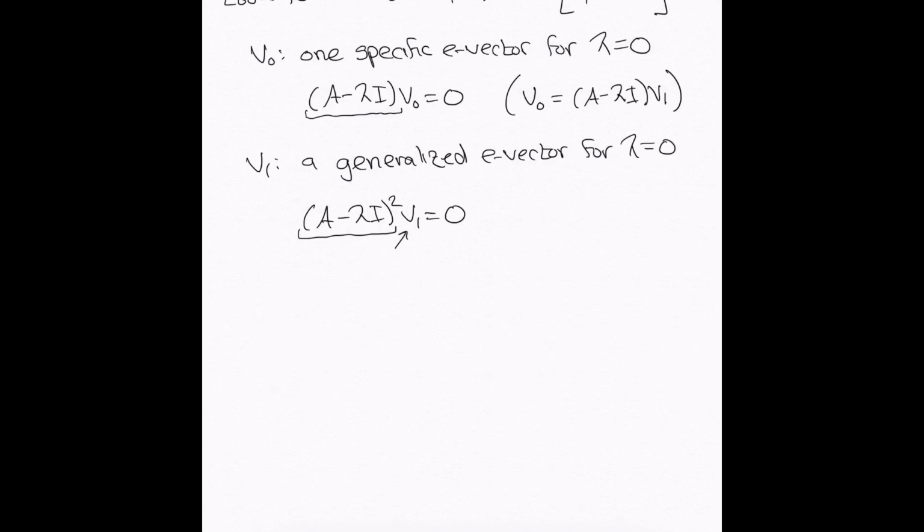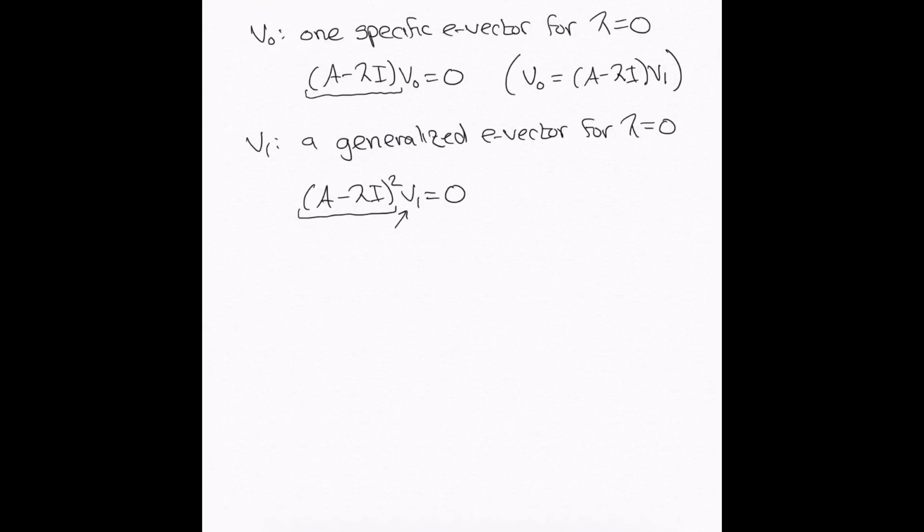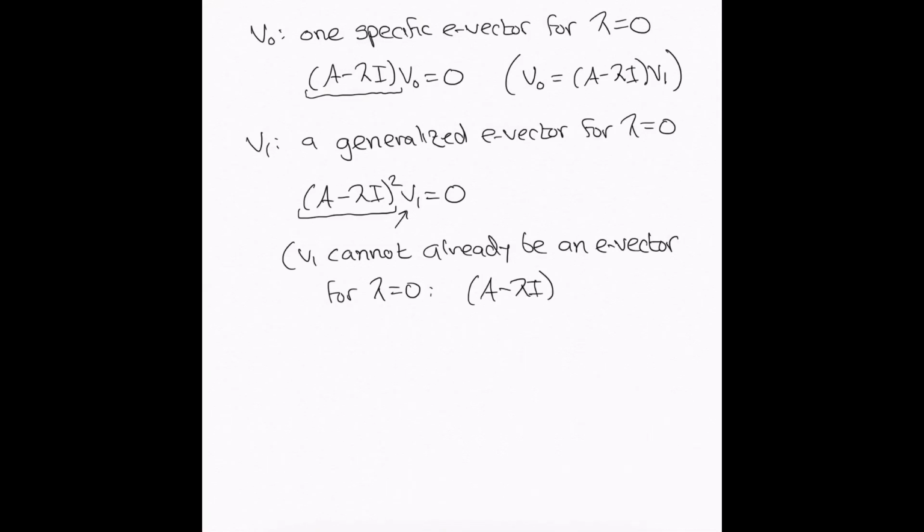And then the only condition imposed on it is that it can't already be an eigenvector of the other one. What I mean by that is you can't already have it be in the span of your eigenspace for lambda equals 0. So what that means then is A minus lambda I times v1 cannot be equal to 0.